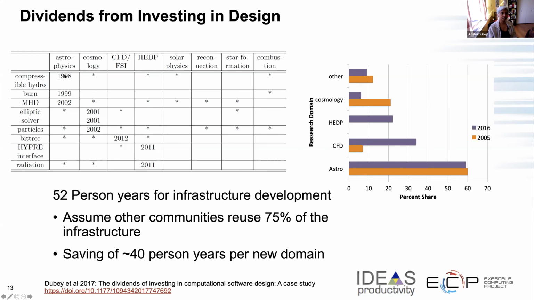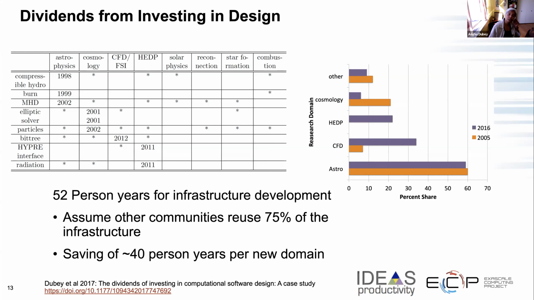So in 1998, the astrophysics community developed compressible hydrodynamics. The stars are the other science communities that use that particular capability and therefore have benefited from having that capability in the code. So the takeaway from this table is the density of the stars, which clearly shows the synergies that are exploited, and the amount of effort that was saved by the other communities in terms of developing their own infrastructure and their own capabilities.